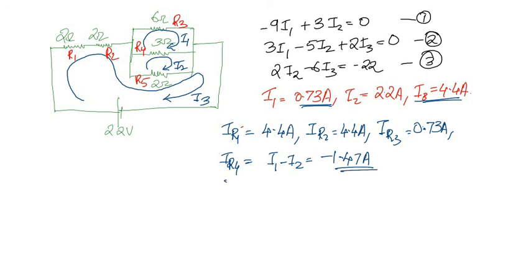Similarly, IR5 equal to I2 minus I3, that is 2.2 minus 4.4, it is minus 2.2 ampere. So this is how we will be getting the current through all the resistors.